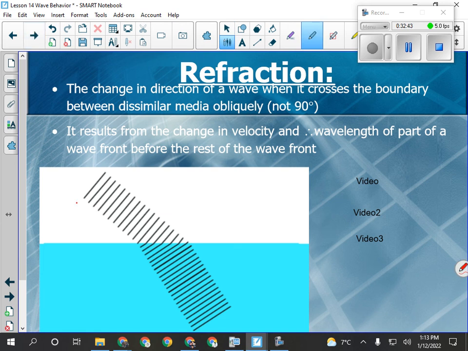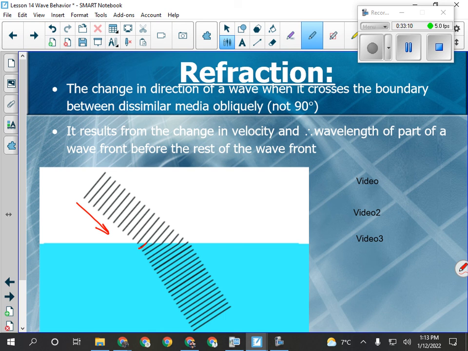So if these waves are going this direction, when this wave right here hits the new medium, this part of it slows down. This part of it keeps traveling at the speed of this medium. So this part of the wave falls behind. As they continue to travel, more of the wave enters the new medium and slows down. And so what you end up getting is the waves looking bent in the middle.